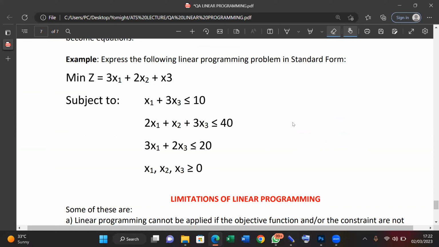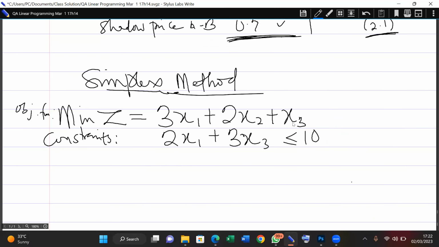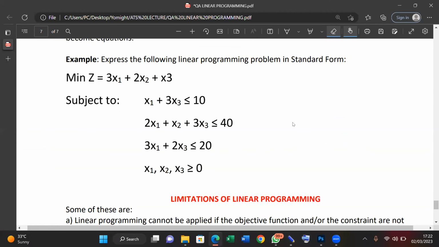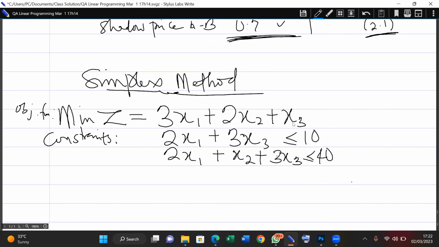2x1, x2 plus 3x3. Then the next one, 3x1 to x3.